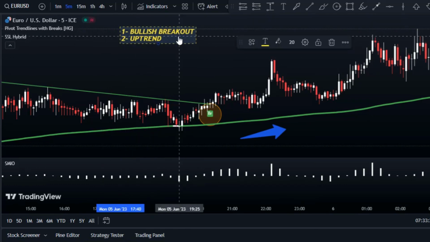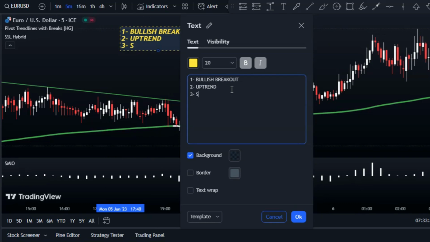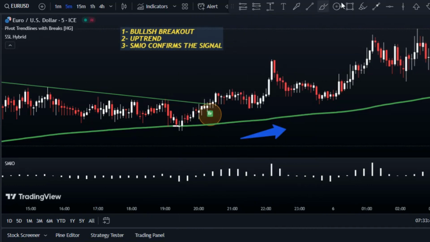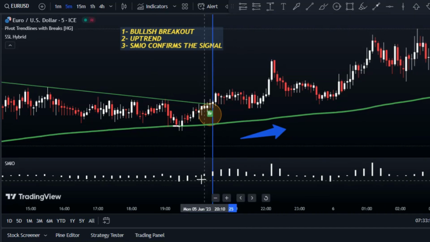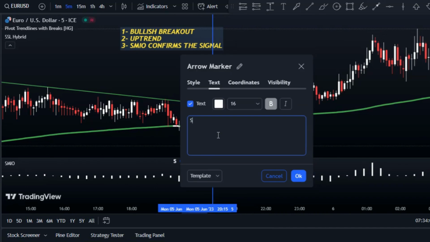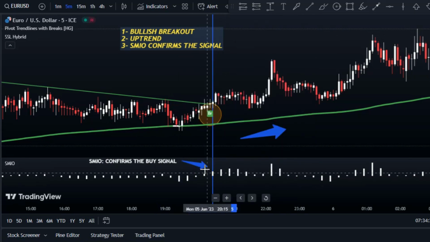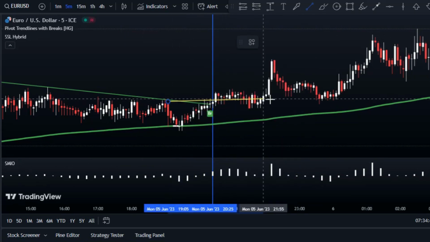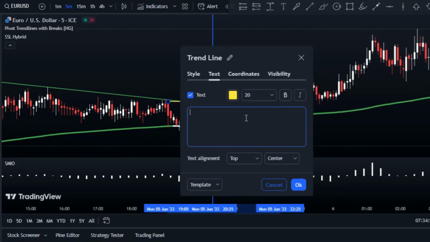Finally, the SMIO indicator must confirm the bullish breakout, and since the histogram is above zero level, the bullish breakout is confirmed. Now we can enter the trade at the close of the breakout candle.